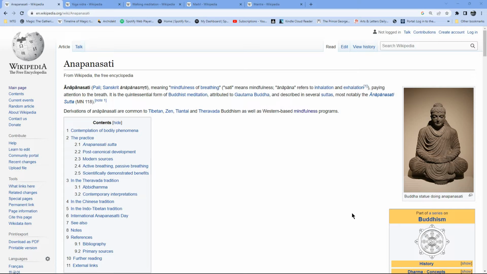And also slightly modify to other points as well. A number of these articles will also have information about demonstrated benefits, which is also of interest. So the first one is mindfulness of breathing.